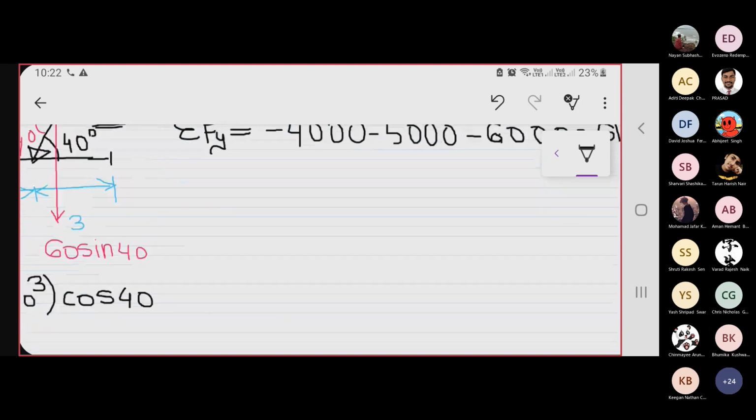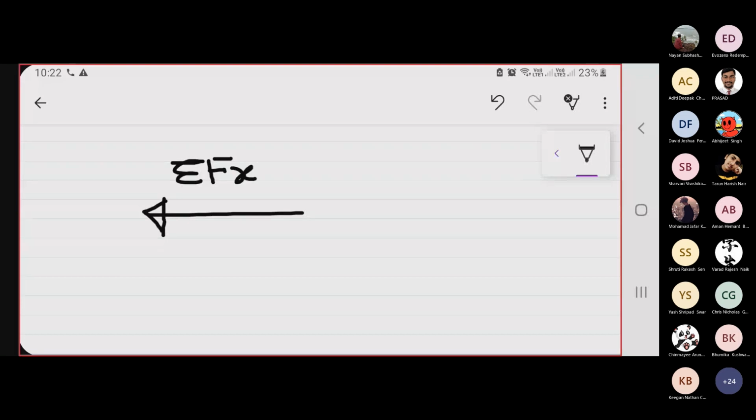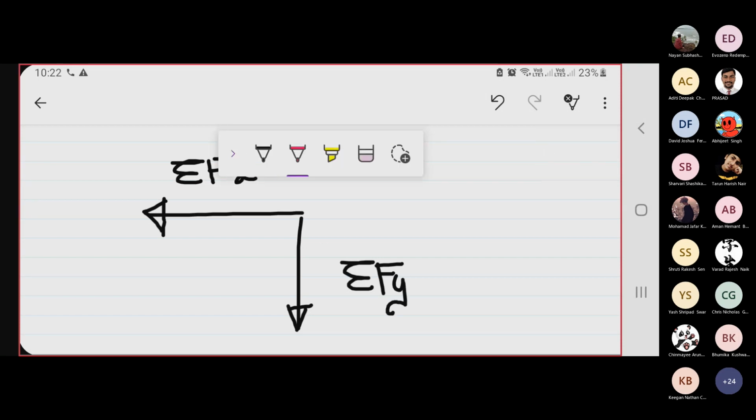So what we understand from here is summation fx is negative and summation fy also negative. So it will be in which quadrant now? Resultant will be in third quadrant.